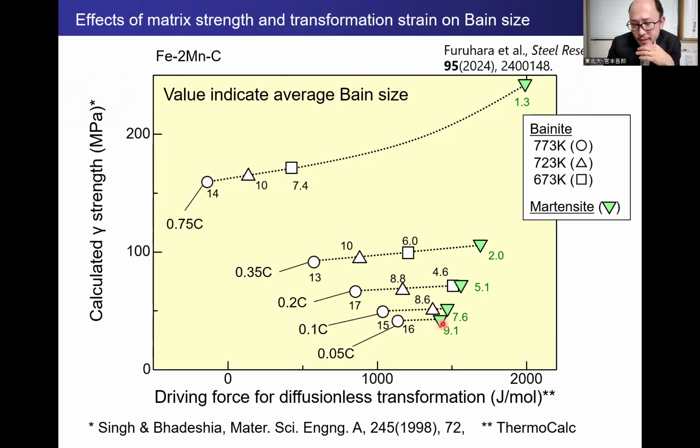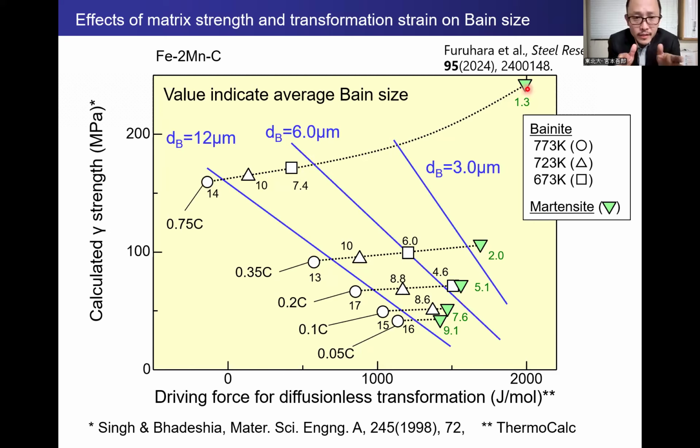In the case of multi-site, with increasing carbon content, the driving force and austenite strength both increase. So this is the iso-variant size line. As we can see, the variant size becomes finer at higher driving force and higher austenite strength, as we expected. Such a concept can be used to design the refinement of martensite and bainite.